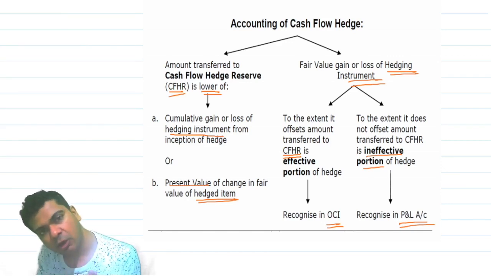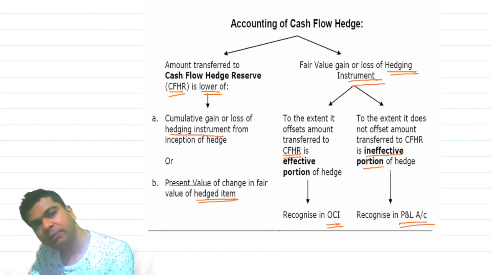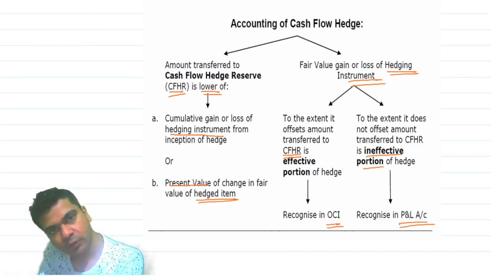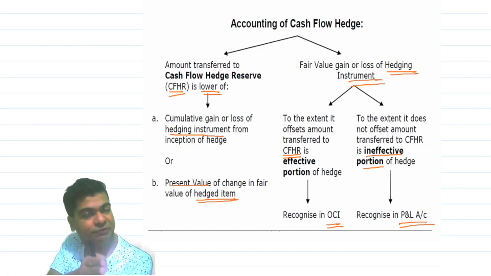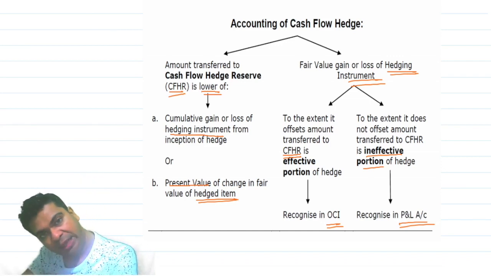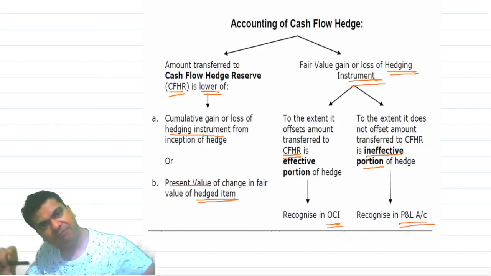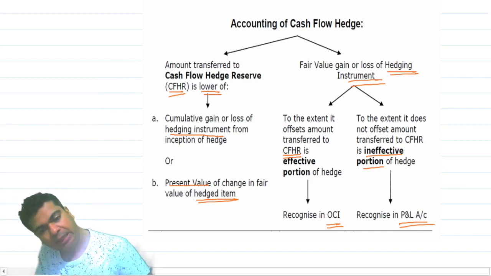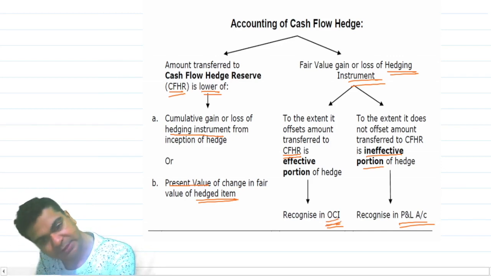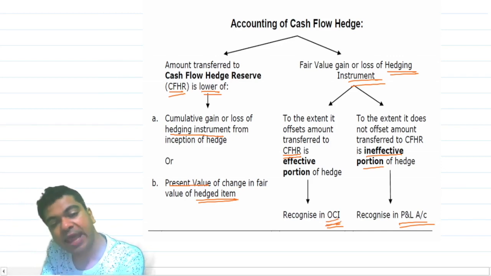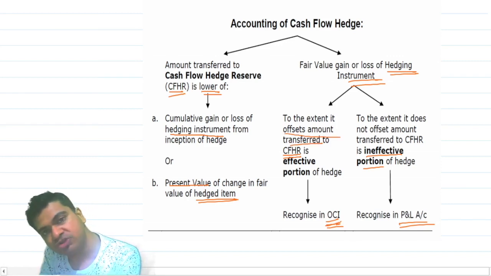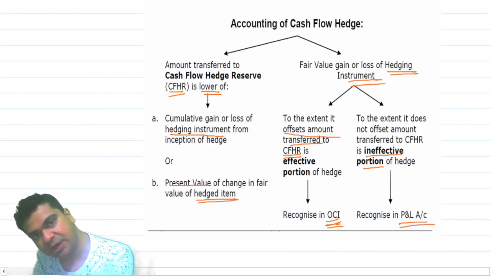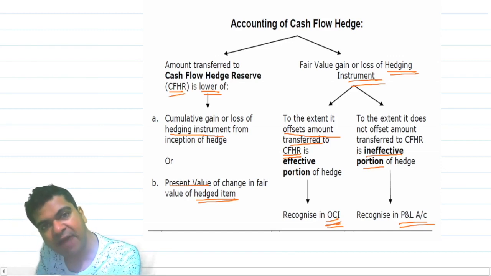So first find out how much is the amount which is going to be transferred to the cash flow hedge reserve. Then compare the amount transferred to the cash flow hedge reserve to the fair value gain or loss of the hedging instrument. If both the amounts are matching, then you have to transfer that to the OCI. To the extent it offsets the amount transferred to the cash flow hedge reserve, we will consider that as the effective portion.